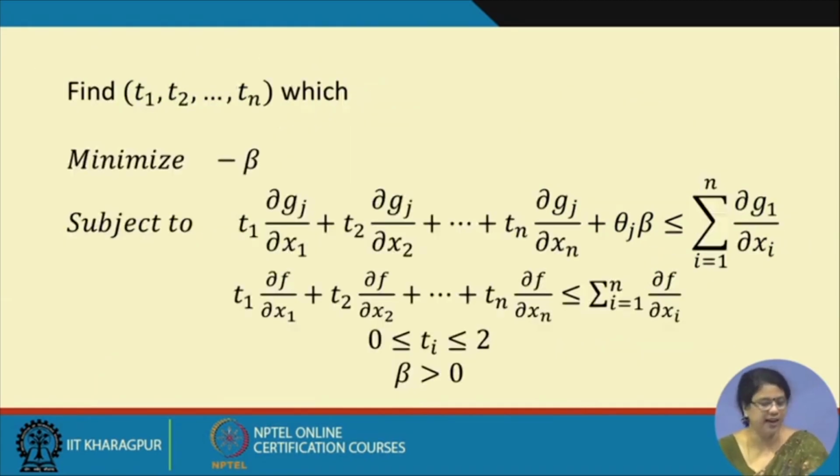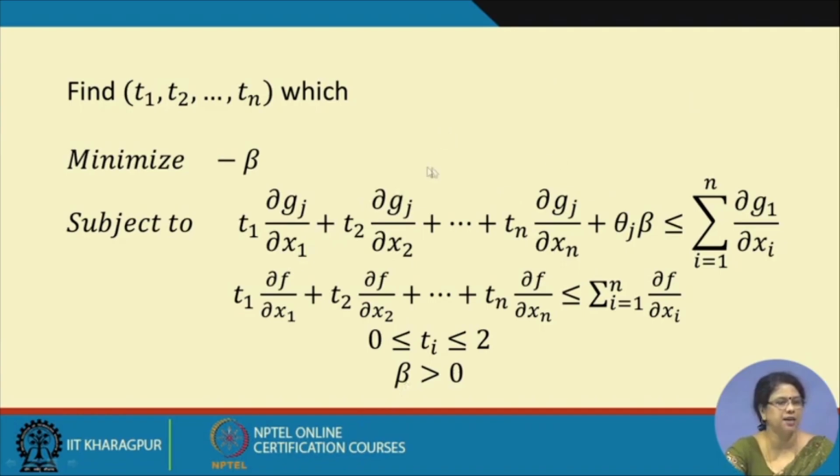Okay. Once we have it, the whole problem can be rewritten as this one: find the direction, this is the component of S, such that S transpose delta G plus theta j, that is the push factor, into beta less than or equal to 0, and T i between 0 and 2 and beta greater than 0.